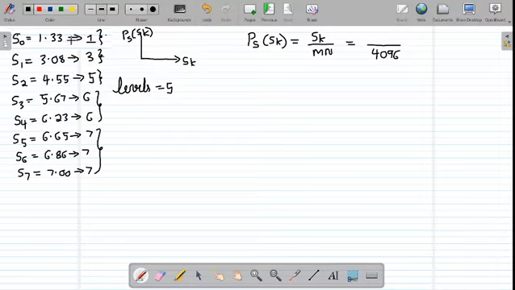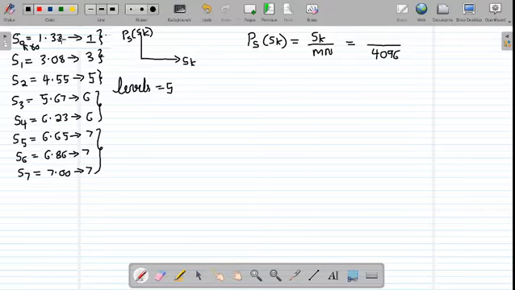First is S0. S0 is 1. If you observe here, 0, which is the value of R0, is mapped to 1.